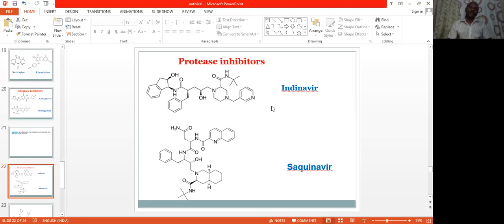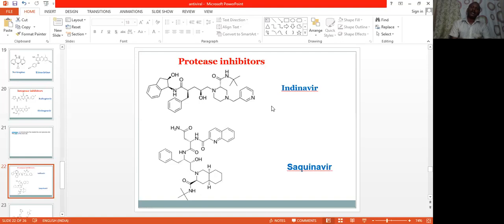The immature protein will be converted into a mature protein. The protein here can be enzymes, glycoproteins, or whatever. So the protease enzyme converts immature viral proteins, that is the synthesized viral proteins, into mature viral proteins.